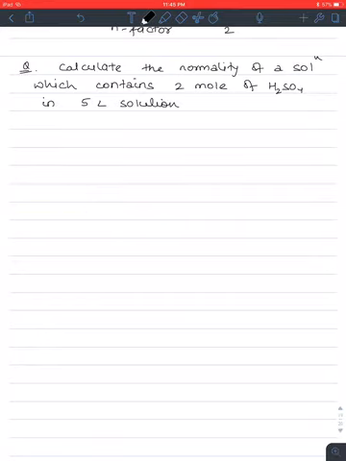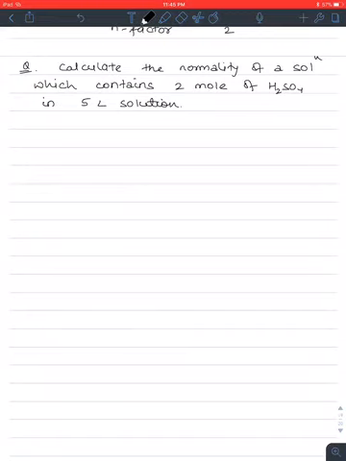So let's do one more question. Calculate the normality of a solution which contains 2 moles of H2SO4 in 5 liter solution.